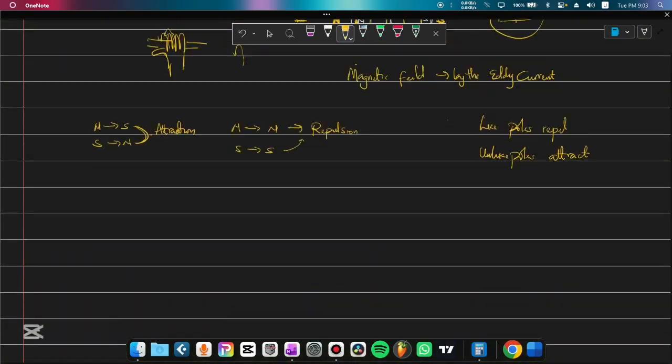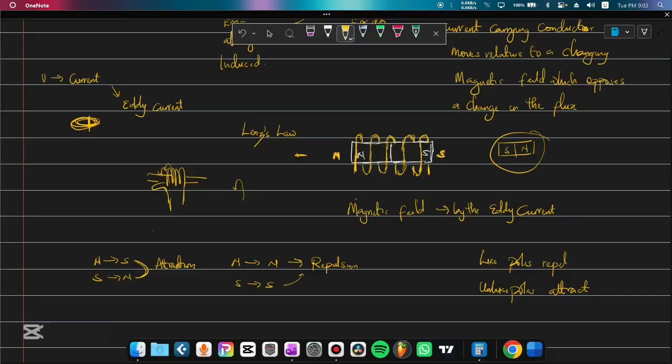Let's call this point A. And let's call this point B. Would current flow from A to B or from B to A?